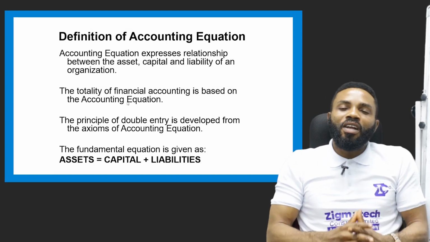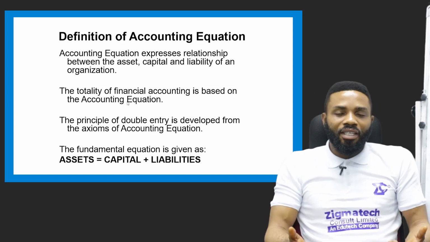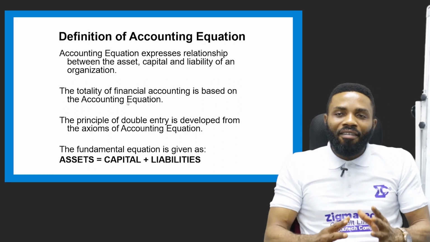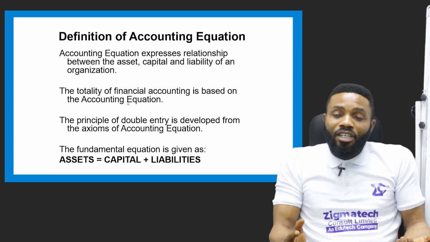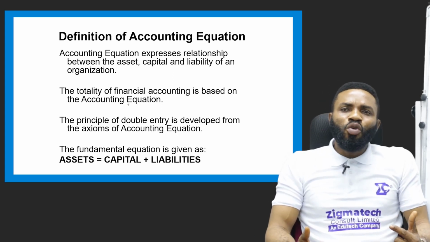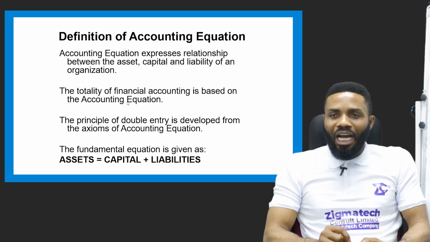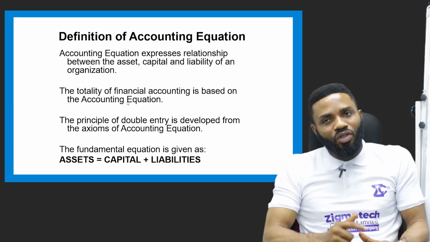The totality of financial accounting is based on the accounting equation. I said it, that it serves as a foundation to every company. And then you cannot do very well in accounting without a proper understanding of what accounting equation is.